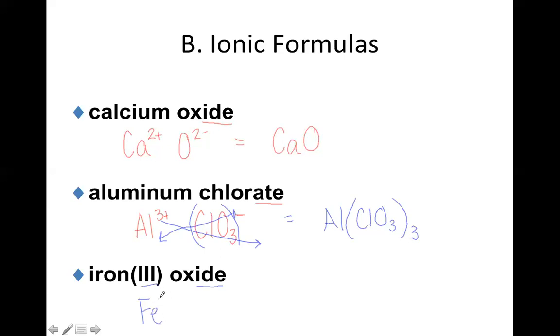This 3 here tells us its charge is 3 plus. Since it is a transition metal, we would need those Roman numerals. Oxide tells us IDE is oxygen, so O2 minus. Crisscross or cancel. We need to crisscross, so we have Fe2O3.